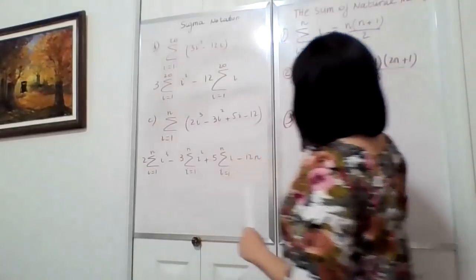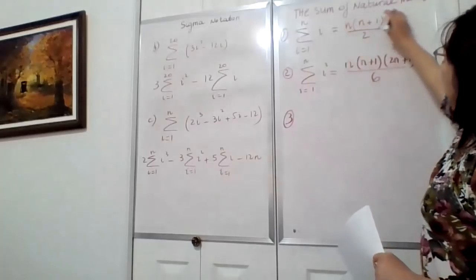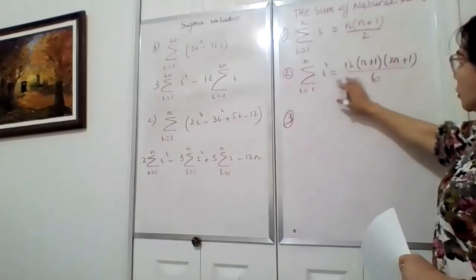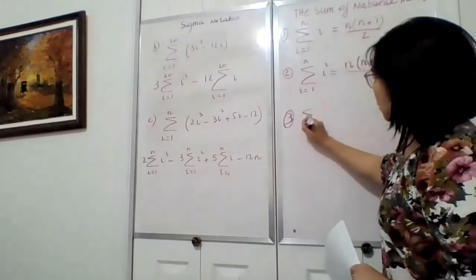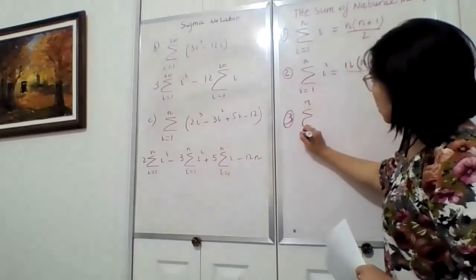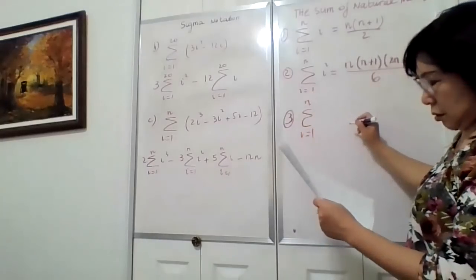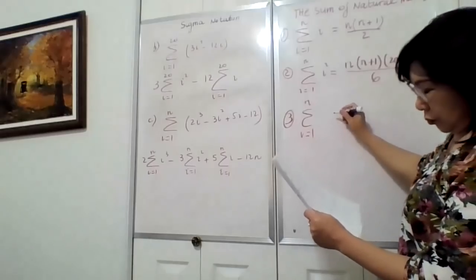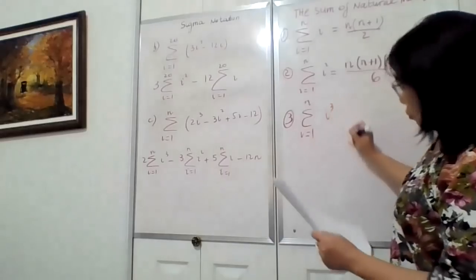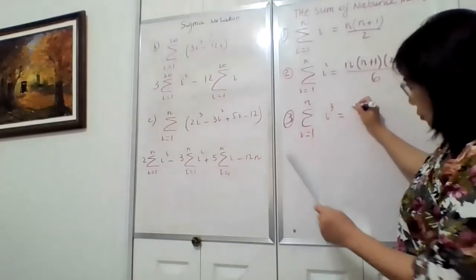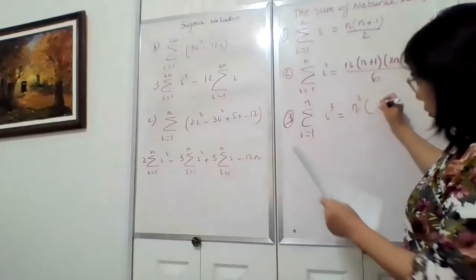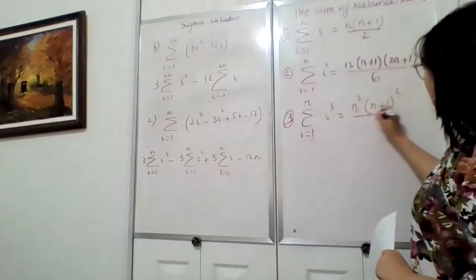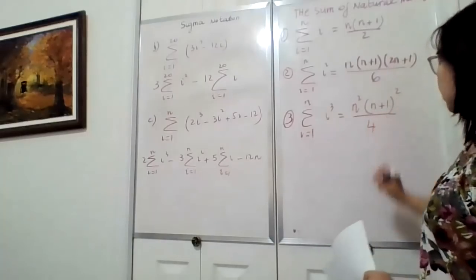The third sum. So this is the sum of the natural numbers, where i equals this expression, and i squared equals this expression. Now the third one will be i to the power 3, and this will equal n squared times (n plus 1) all squared, all of this over 4.